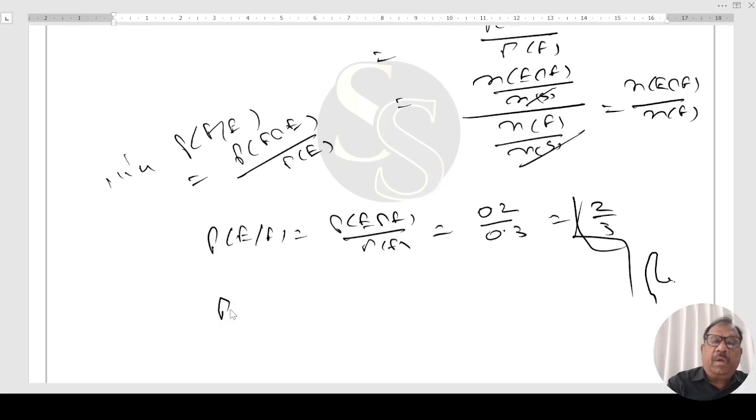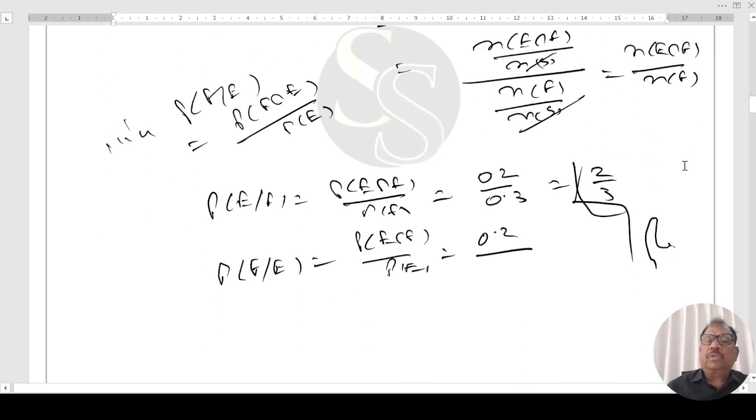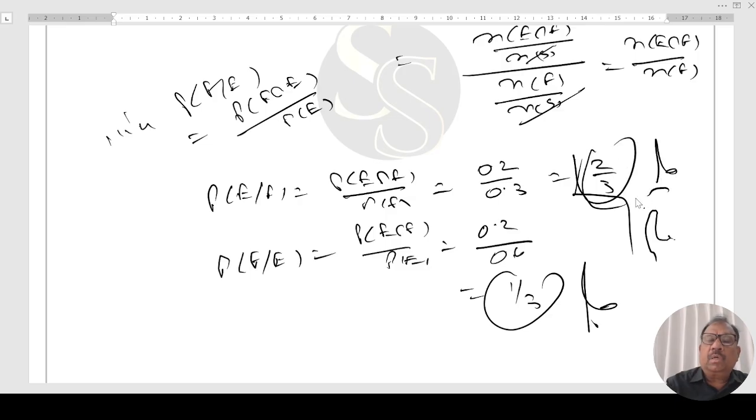And P(F|E) will be equal to P(E intersection F) upon P(E), that is 0.2 divided by 0.6, that is 1 by 3. One answer is 1 by 3, one answer is 2 by 3.